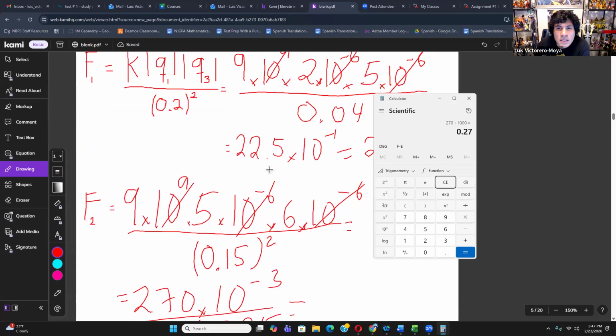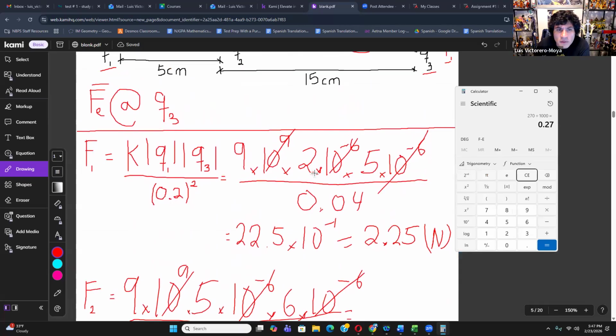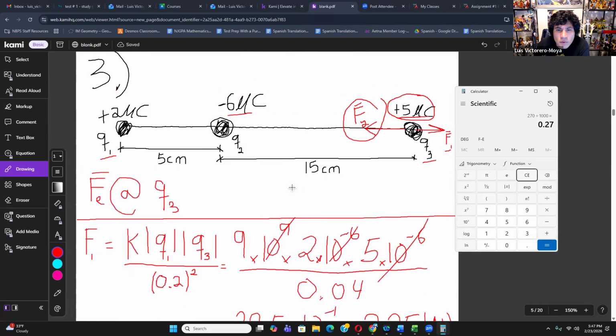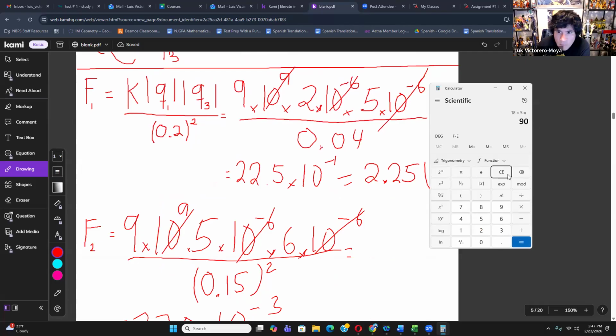Wait, why is it less? It should be more. Let me double check something here. Let me just double check these numbers. 18 times 5 times 5 divided by 0.04, yeah, that's fine.